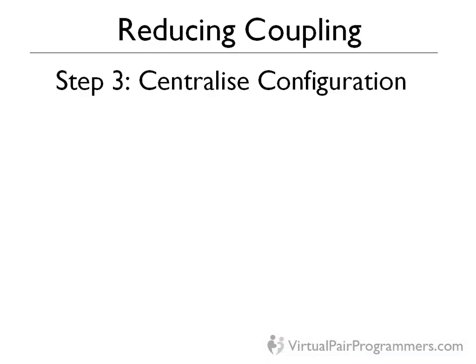So this is where step 3 comes in, and this is where the whole process comes together. And by the way, this is where Spring is going to help as well. The dependencies between our architectural objects, such as our services and our DAOs, could be captured all in one single place. We're going to centralize this configuration.